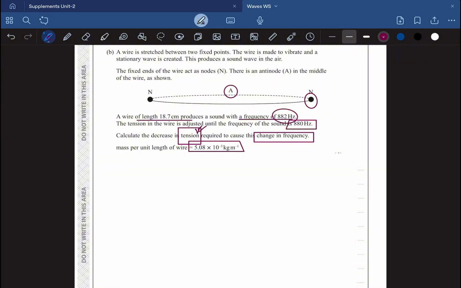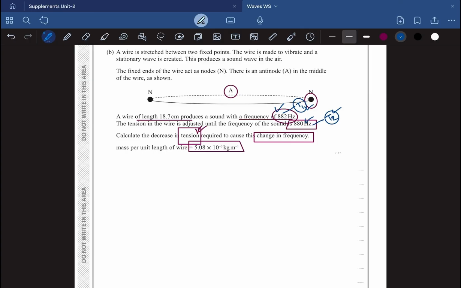Now, one thing that we can do in order to do this question is we can figure out the particular tension for this frequency, and then we can figure out the particular tension for this frequency. And if we subtract these two tensions, we will be able to figure out the decrease in tension that is required to change the frequency from 882 to 880, right?